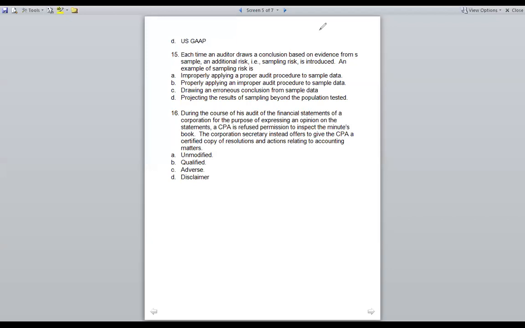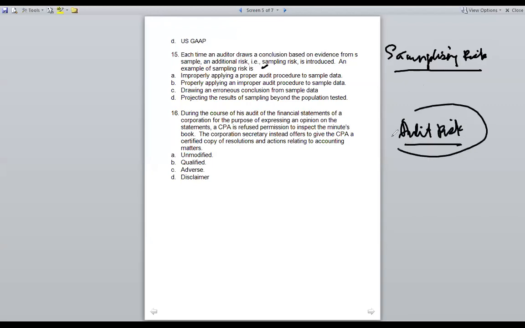So number 15, each time an auditor draws a conclusion based on evidence from a sample, an additional risk is introduced. An example of sampling risk. So, guys, sampling risk is one of the causes of audit risk.